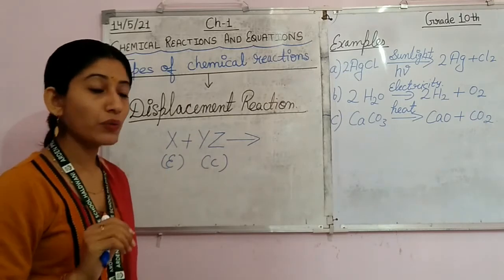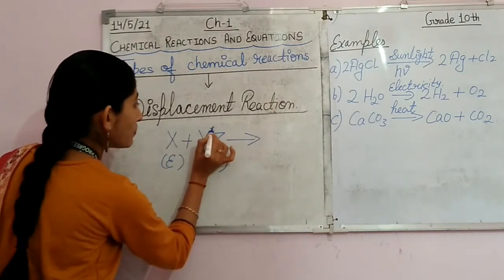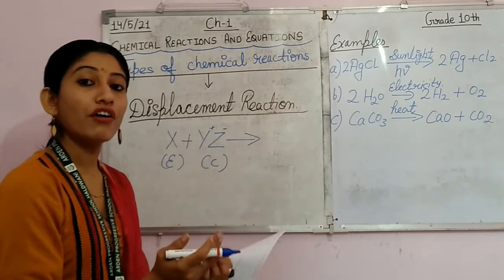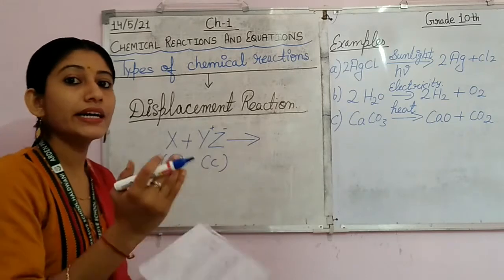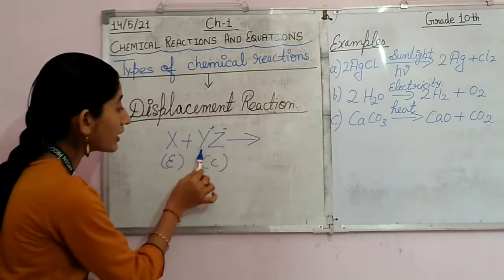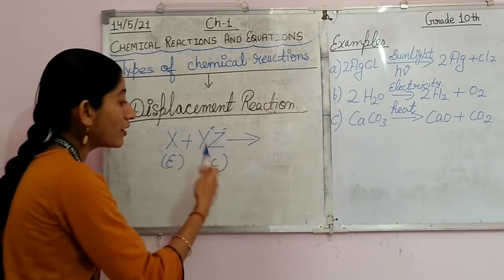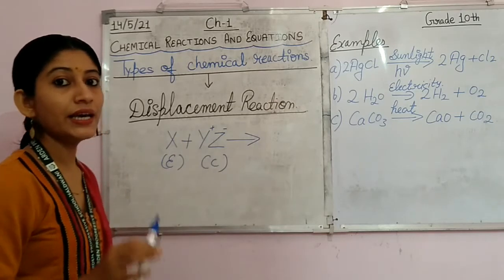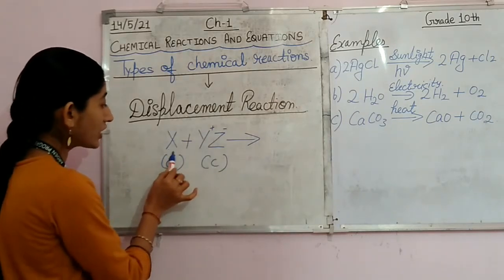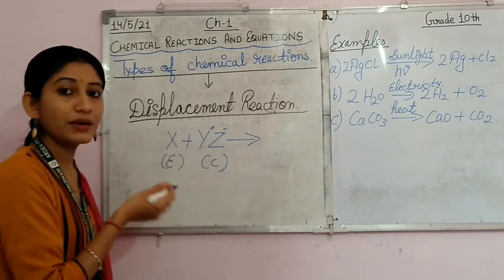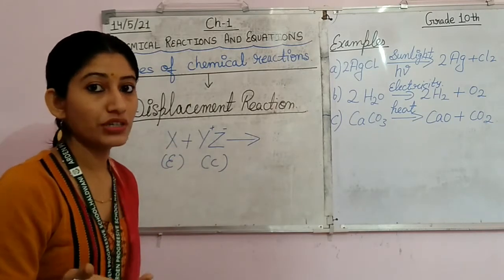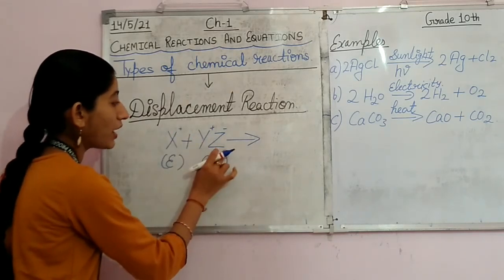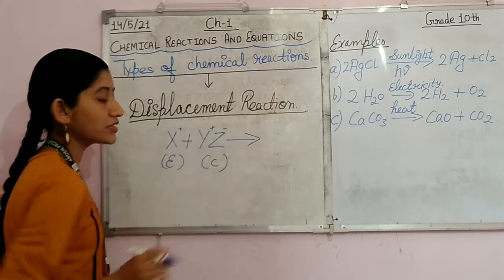Whenever a compound is there, this is positive and this is negative, because when the arrangement for forming a compound takes place, the positive charge comes first and then the negative charge follows. Here we have taken an element, which is a metal, and you know that metal has a positive charge. And YZ is a compound, where this is the positive charge and this is the negative charge.